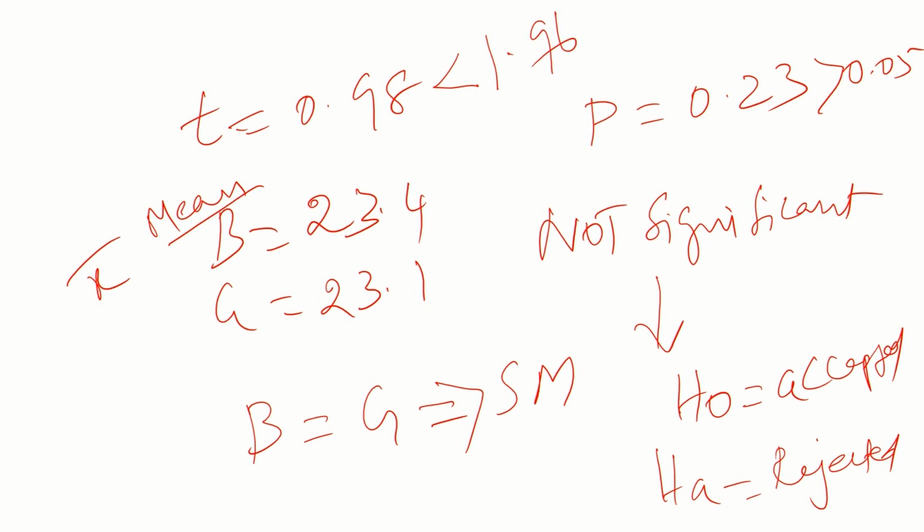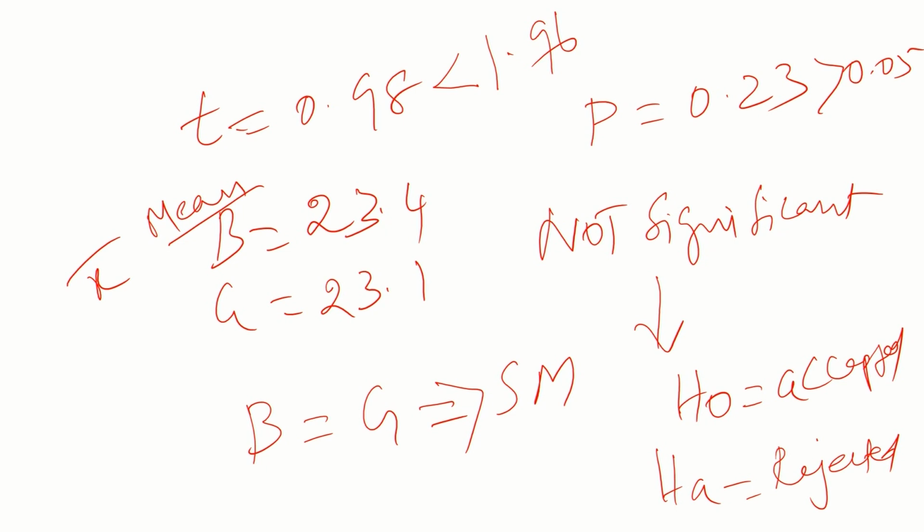So what have we discussed so far? A very simple method. If you want to test the significant difference between two group means, you should select a t-test and calculate the t value. If the calculated t value is greater than or less than 1.96, that is one method.